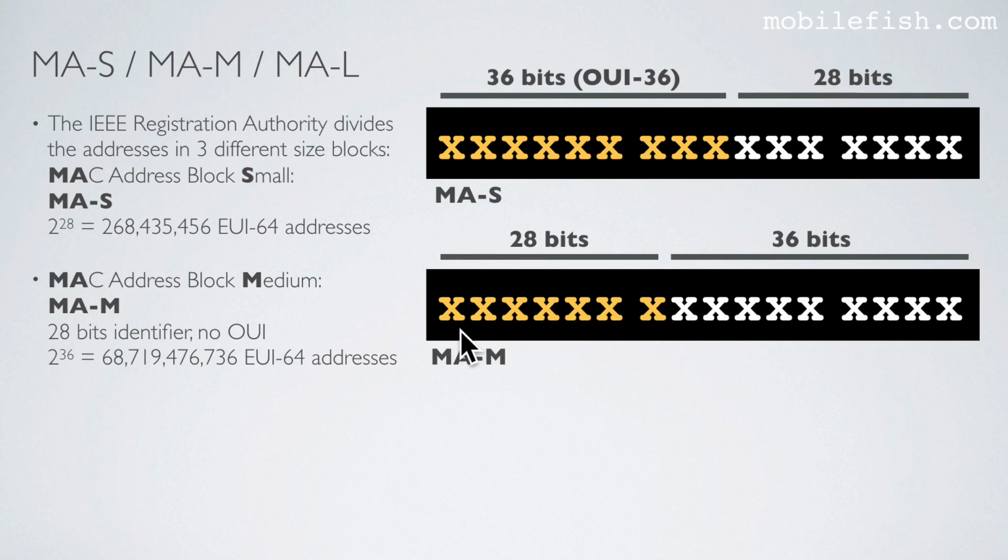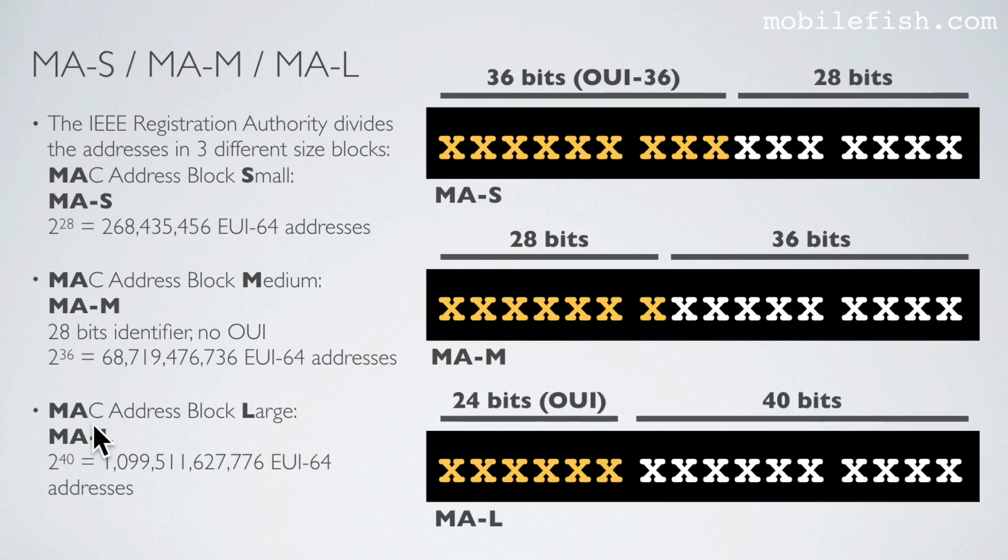These 28 bits do not represent an OUI, it is just a 28-bit identifier. A company can assign an additional 36 bits to create an EUI-64 address, which means the company can generate approximately 68 billion EUI-64 addresses.